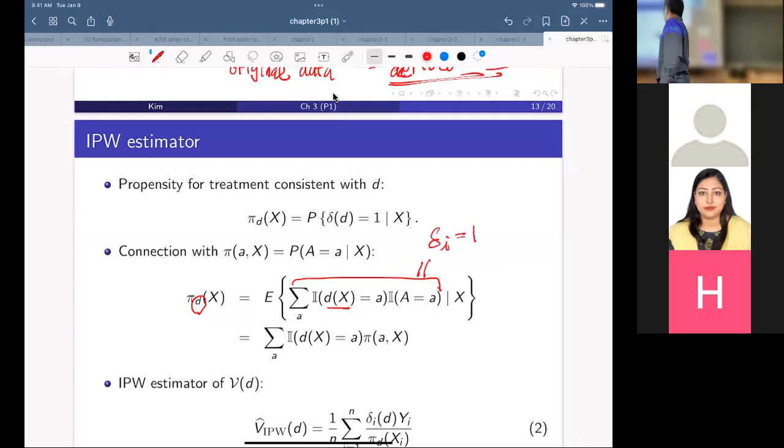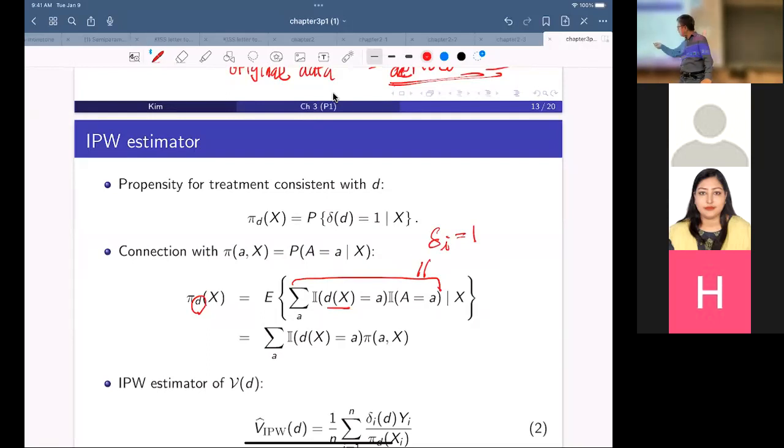This event has a probability, and conditional on X it's nothing random. Conditional on X is fixed. The only thing random is A, a random variable with propensity pi.